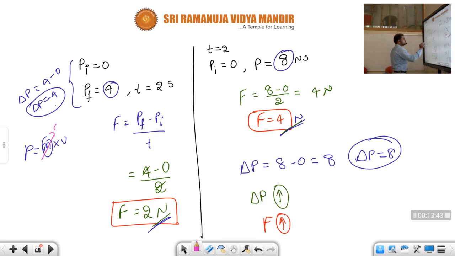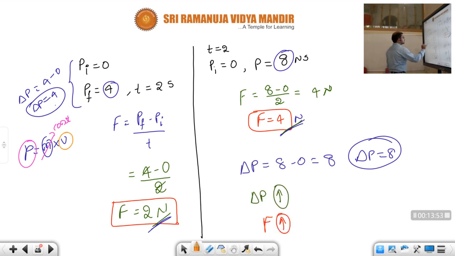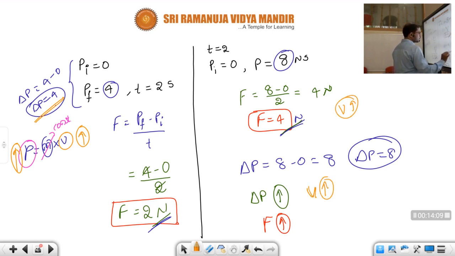Keeping the mass constant, how can we increase the momentum, children? By increasing the velocity. Keeping the mass constant, I increased velocity, such that momentum also increased. So here what I changed? Velocity increased.